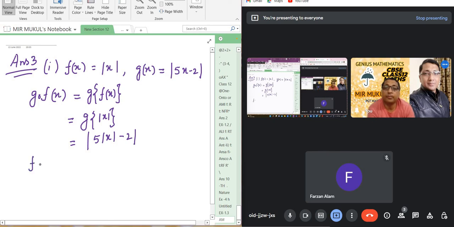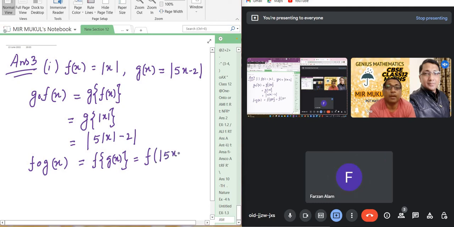Then fog of x we have to find. So this is f of g(x). Now what is the value of g(x)? g(x) is mod of 5x minus 2. Now f(x) equals mod of x, so it's mod of mod of 5x minus 2.